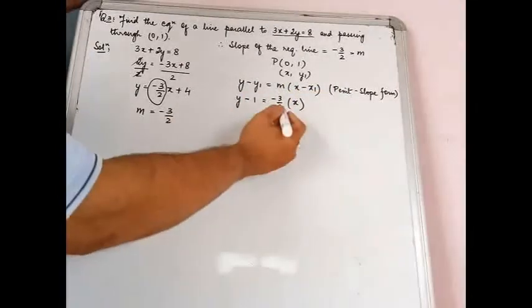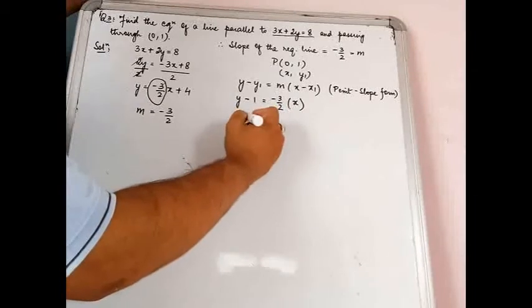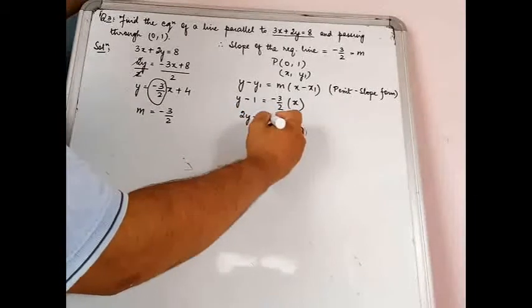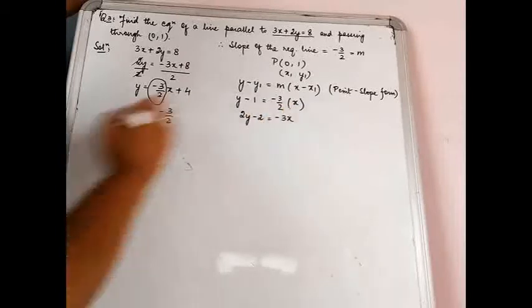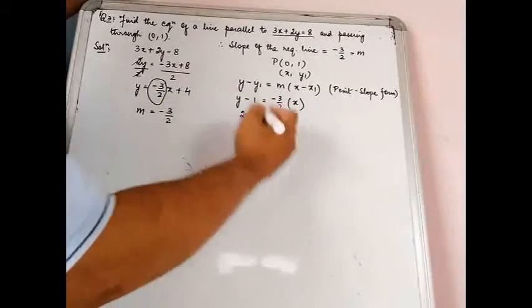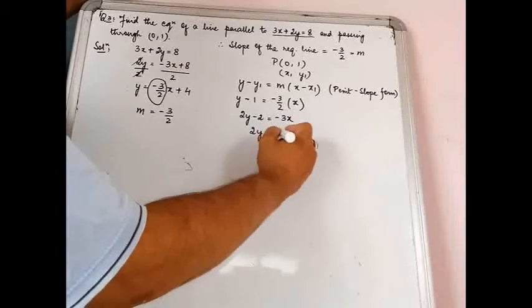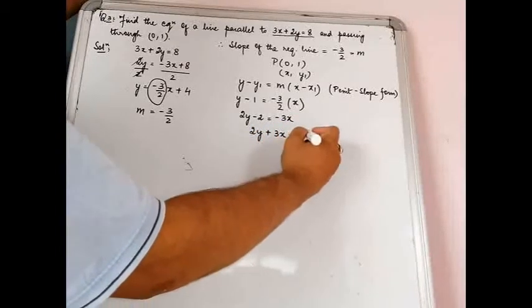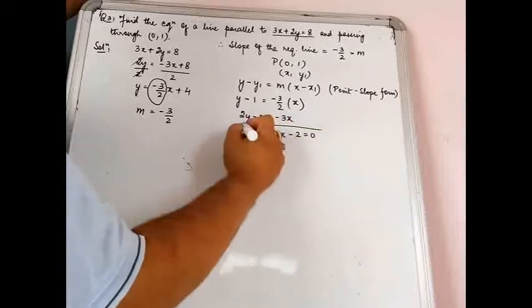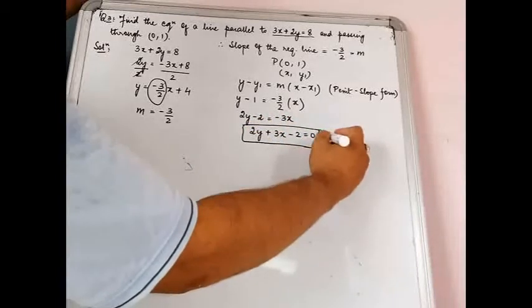Okay, this 2 can come this side and multiply, so you have 2y minus 2 is equal to minus 3x. Okay, so this can be taken to the left hand side, you will have 2y plus 3x minus 2 is equal to 0. This is the required answer.